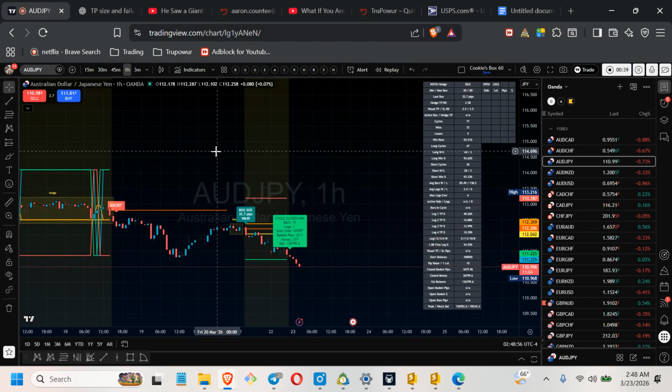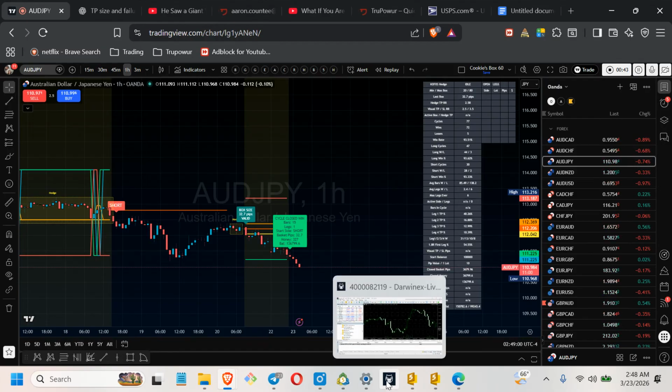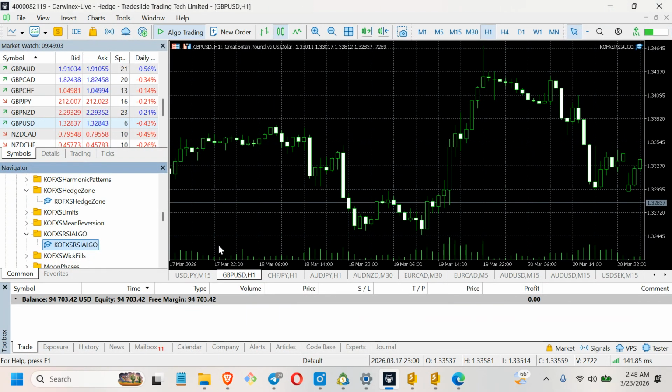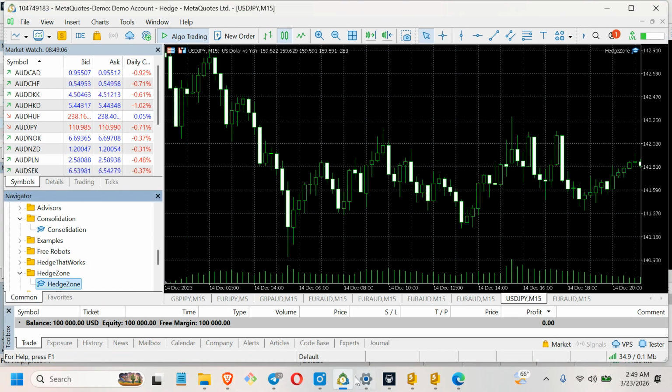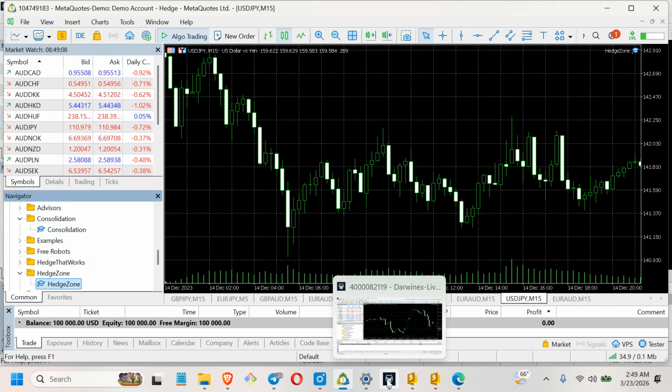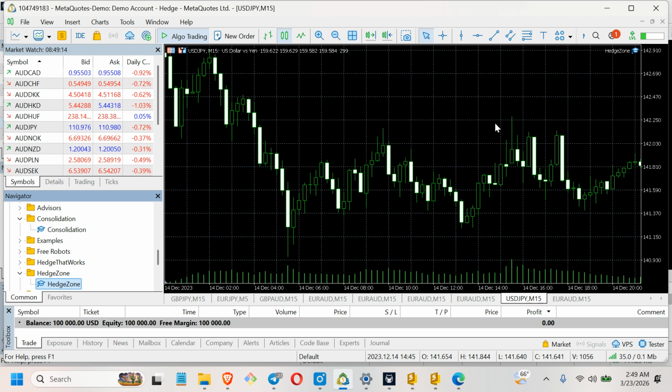But I'm just looking around to see if I'm gonna see anything. This one is a demo, and the demo is doing a hedge zone on the U.S. dollar, Japanese yen, EA.